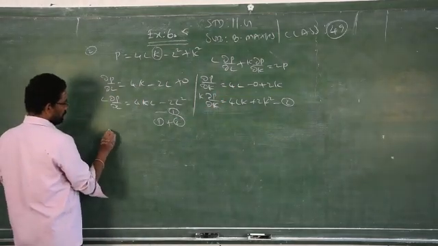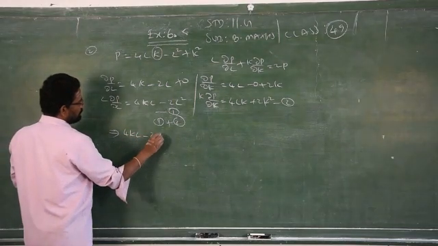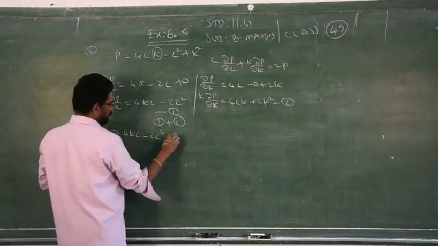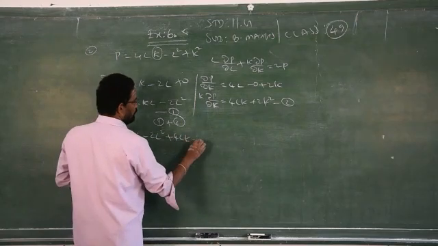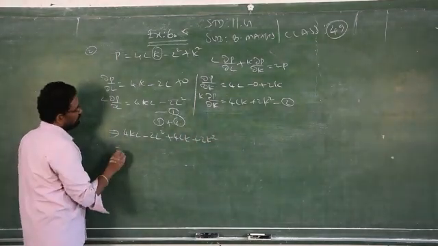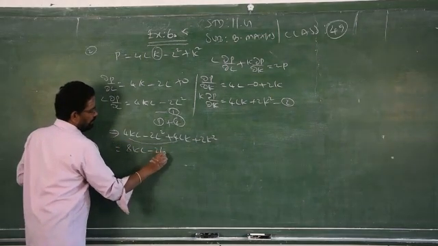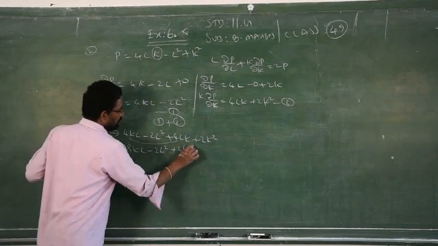So add 4KL minus 2L square plus 4LK plus 2K square. Just add these two: 8KL minus 2L square plus 2K square.